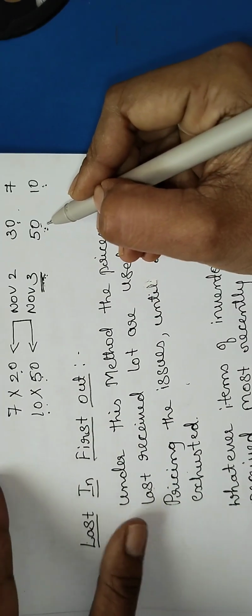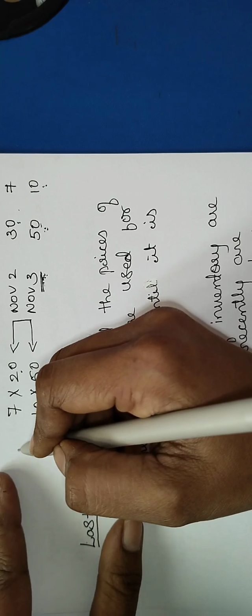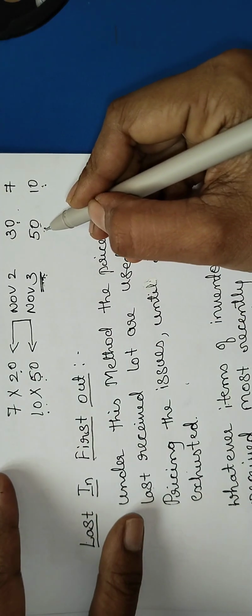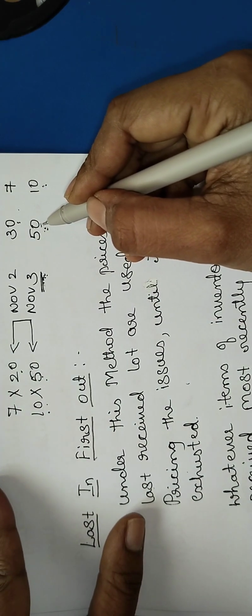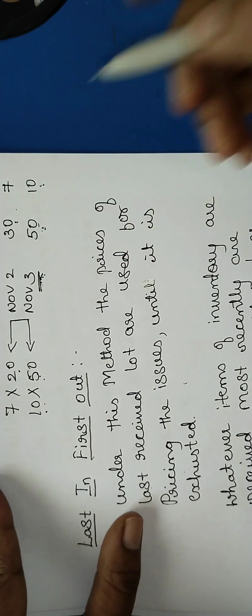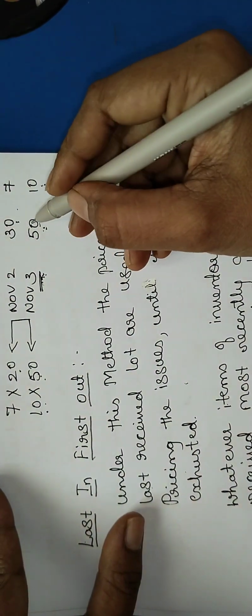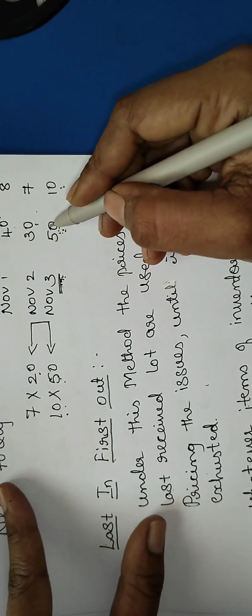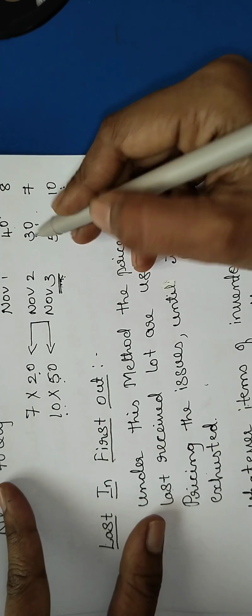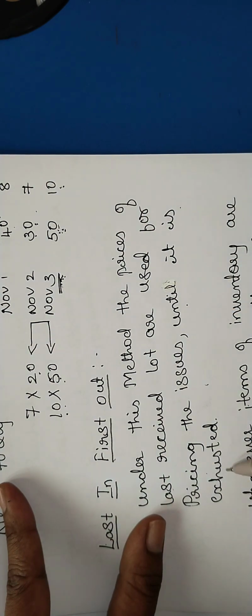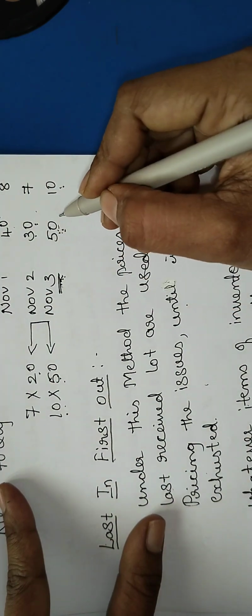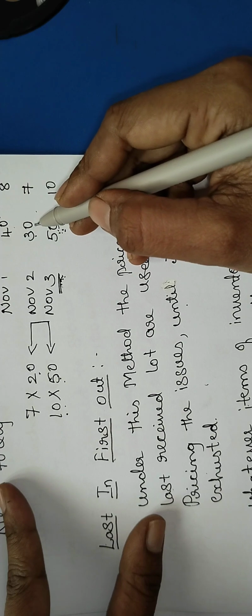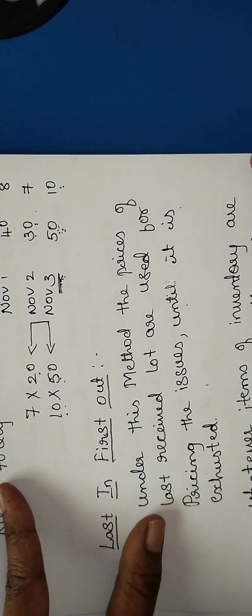If they had requested 40 quantity, then we would issue 40 out of this 50. The remaining balance will be issued next. When any issue comes, first we are issuing from this. After clearing this only, we issue from the next latest one. So until the last one clears, we are not going to issue any other quantities.